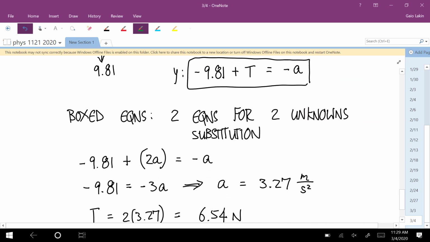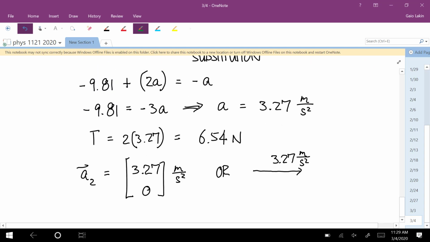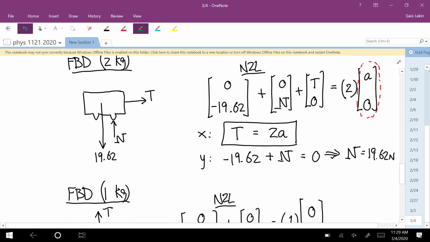Okay, so now I have a question. There's nothing that says that I had to isolate this one first, right? We just happened to say that the direction of this one was A0 because that's the one we did first.